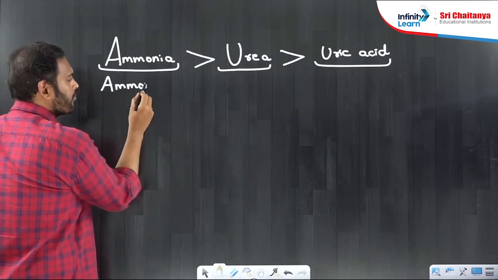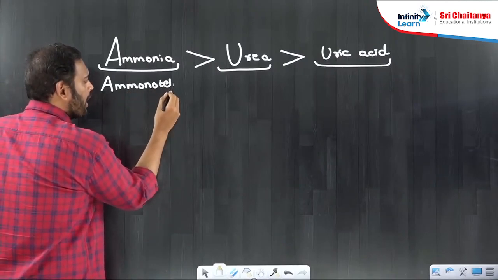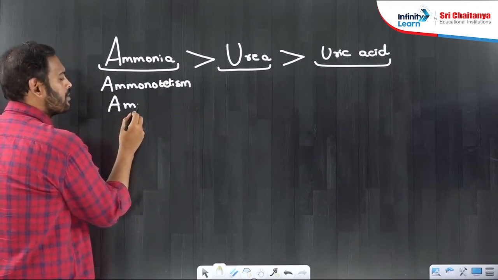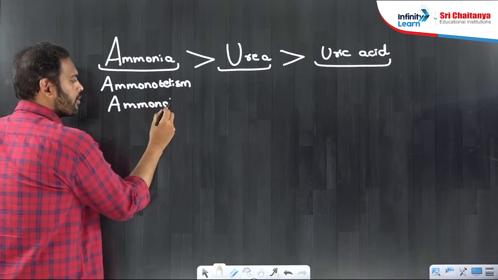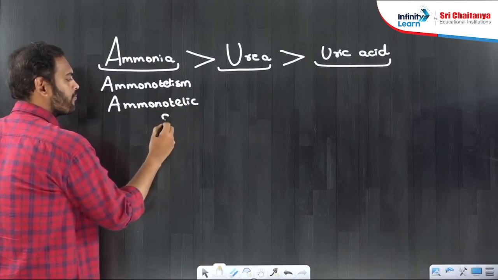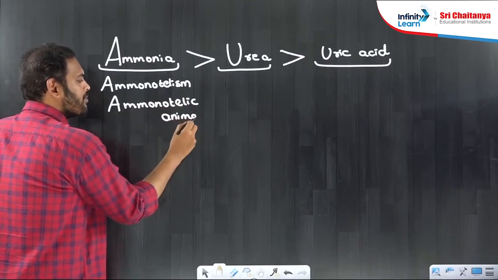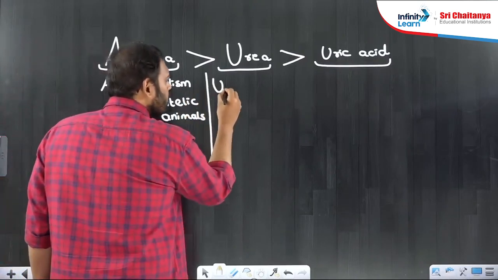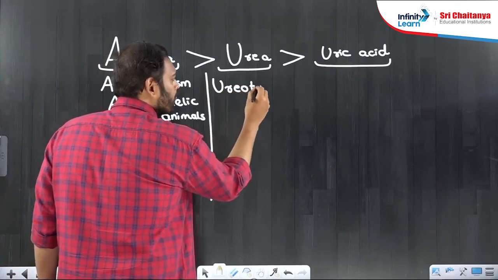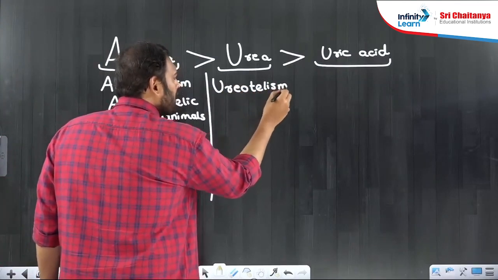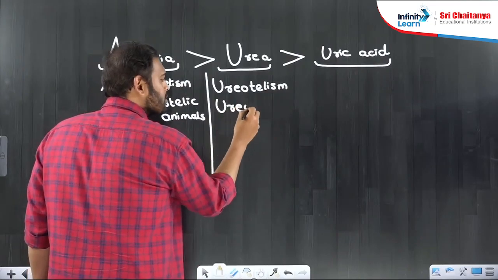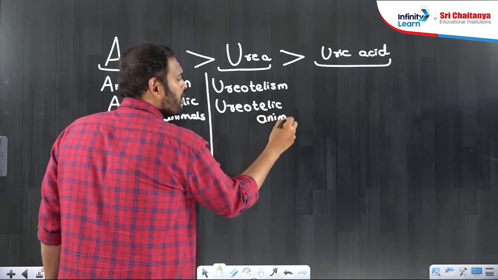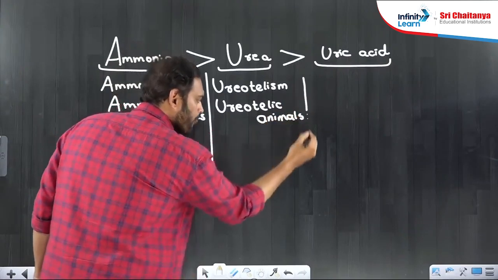What do you call excretion of ammonia? Ammonotelism. Excretion of ammonia is ammonotelism, and those animals are referred to as ammonotelic animals. At the same time, excretion of urea is called ureotelism, and we can call ourselves ureotelic animals.